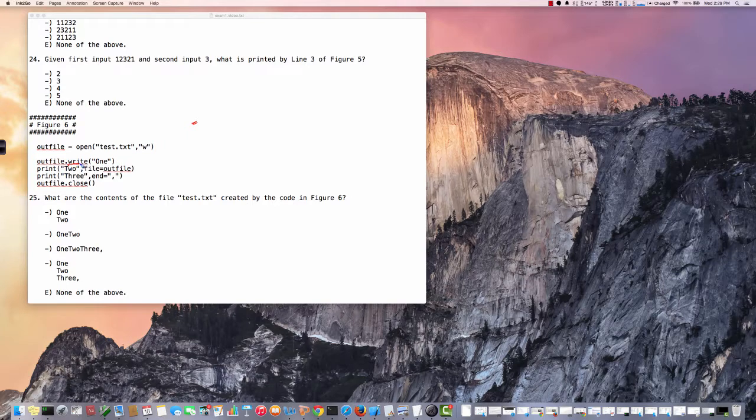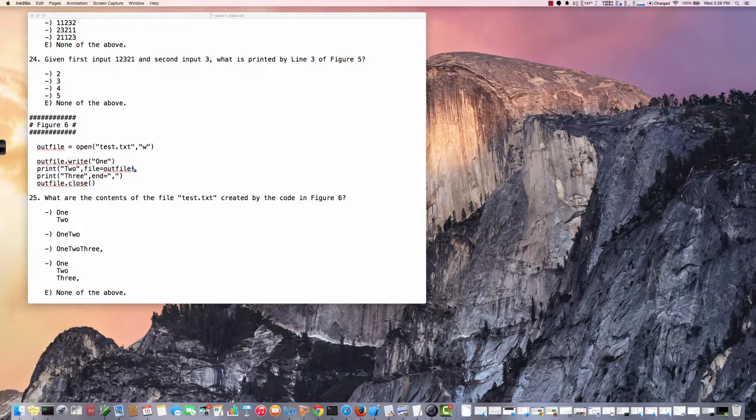One is using the write statement, so outfile.write, and the other is printing with file equals outfile. Now the big difference here, which I think probably tripped people up, is that prints always have a carriage return at the end. Always, unless you say something like end equals space or something like that. The default is to have a carriage return.